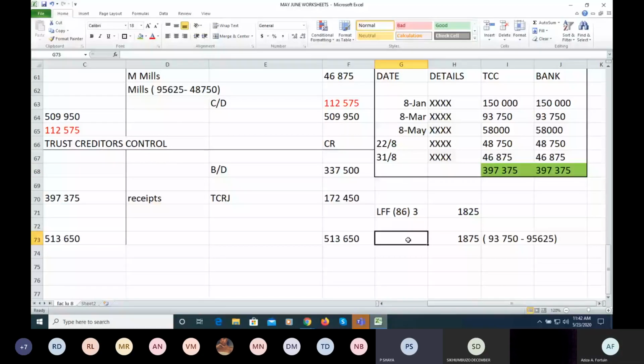But if we're doing it according to section 86.3, it changes things as well. 86.4 would say then that 1875 times 0.95, so 1780. 1780 will go to moles.